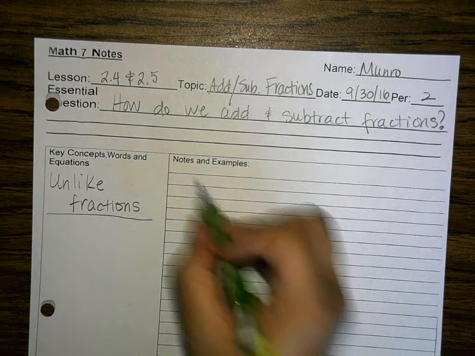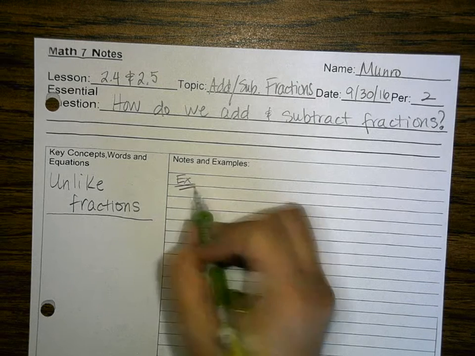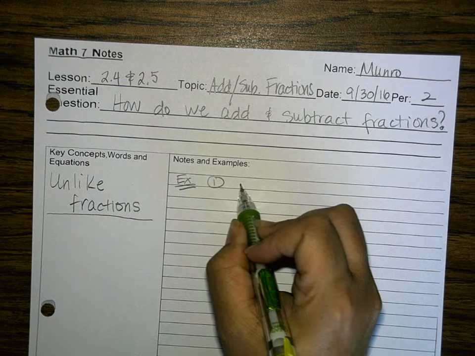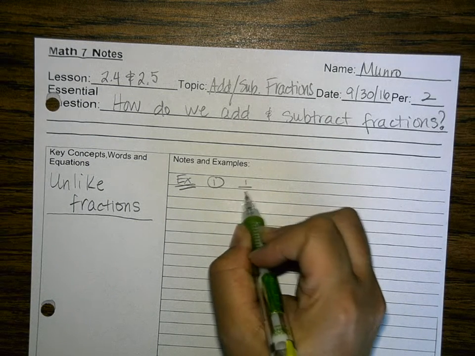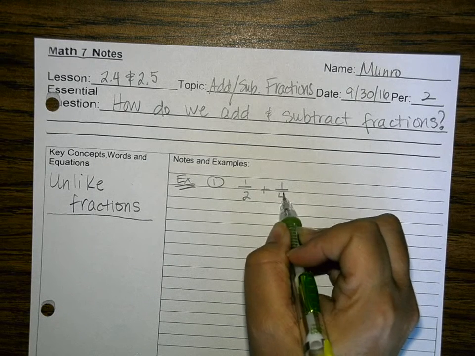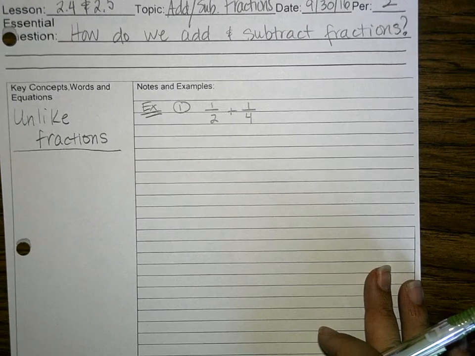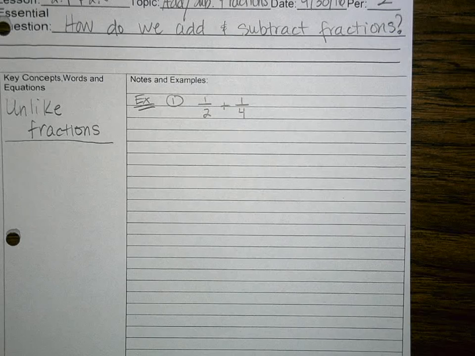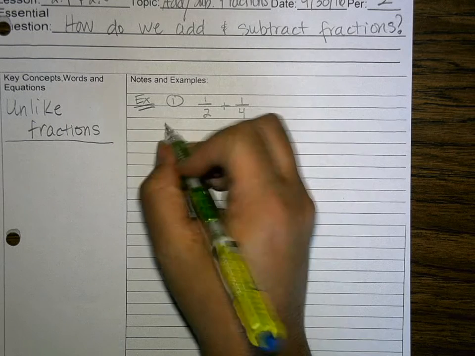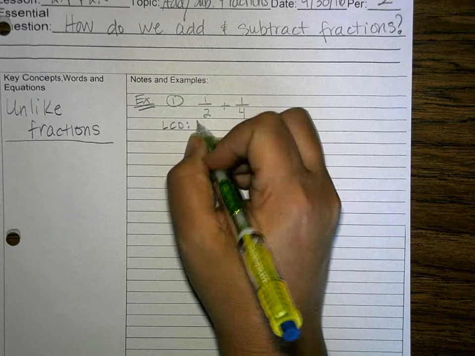So unlike fractions, I'm going to start off with a real easy one. So let's put example 1. And we'll do one like 1/2 plus 1/4. This is simple. The denominators are small. We should be able to find the lowest common denominator, which is called the LCD, right? What is the LCD? Anyone could say it? 4. 4, good.